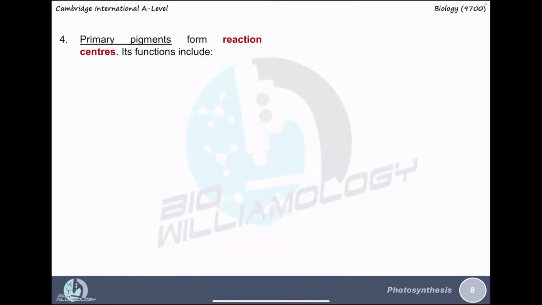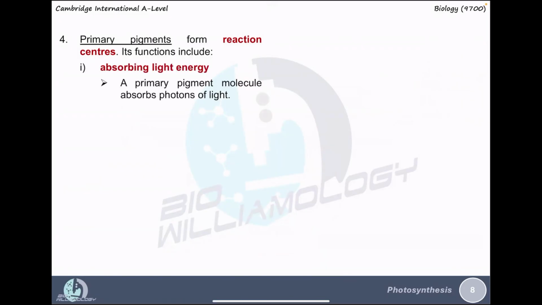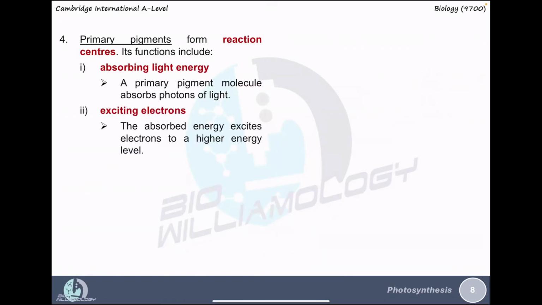So what is a primary pigment? The role of the primary pigment is to form the reaction center. The role of the reaction center includes absorbing the light energy and exciting the electron, which is known as the photoexcitation of electrons.